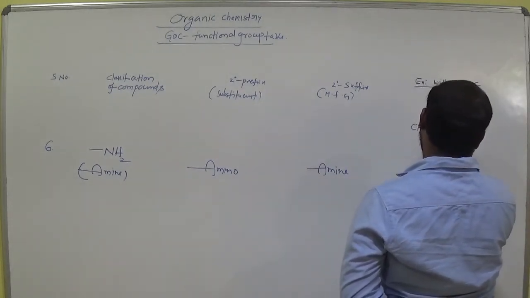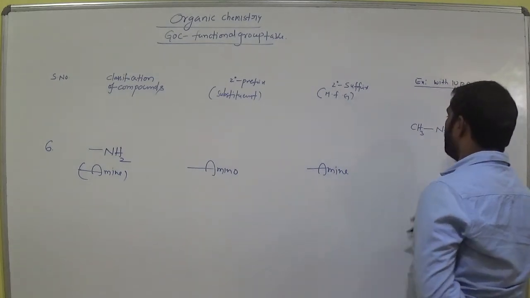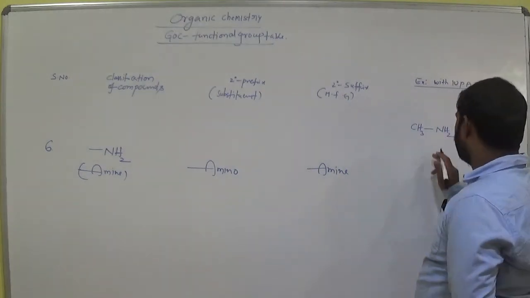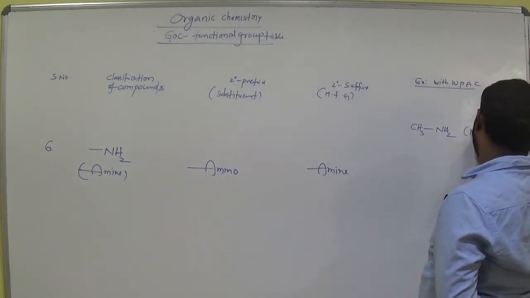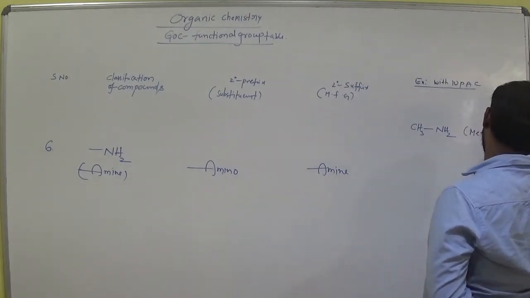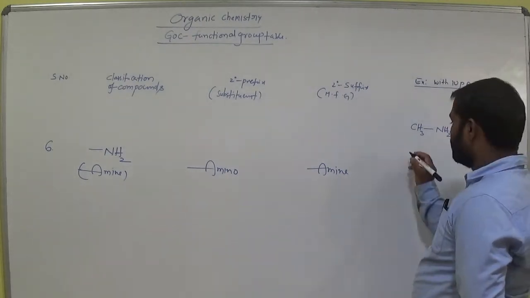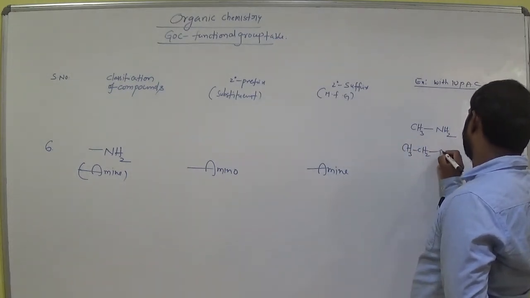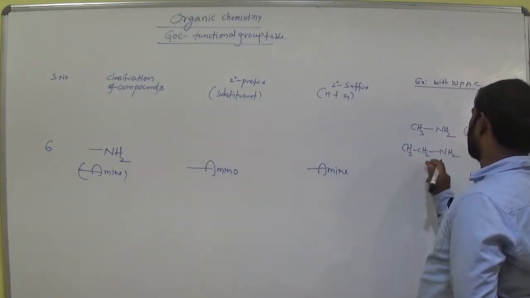CH3 bond NH2. How many carbons here we have? 1 carbon. So what is the root word? Meth. Meth plus amine. IUPAC name is methanamine. Okay. And CH3 bond CH2 NH2. How many carbons here? 2 carbons.